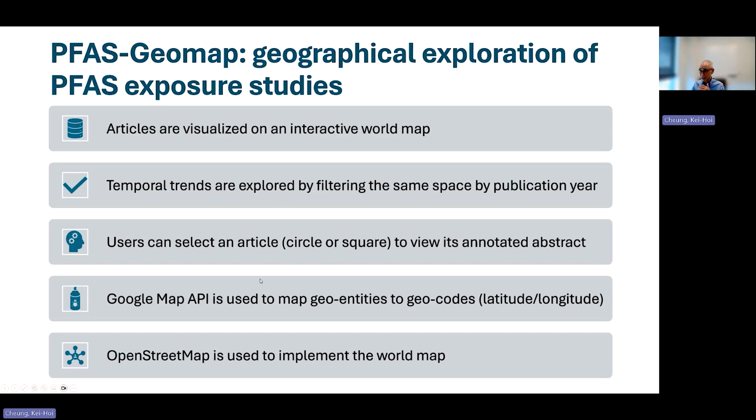And then the user can select a particular article, a spot on the map, to see the abstract of the article. And this map interface is implemented using Google Map API to map the extracted geo-entity terms to geocodes, longitude and latitude. In this case, we use OpenStreetMap to implement the world map.